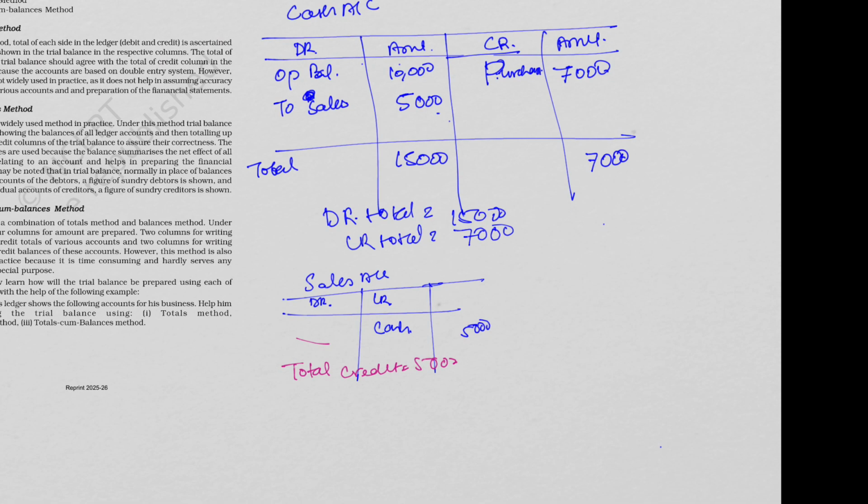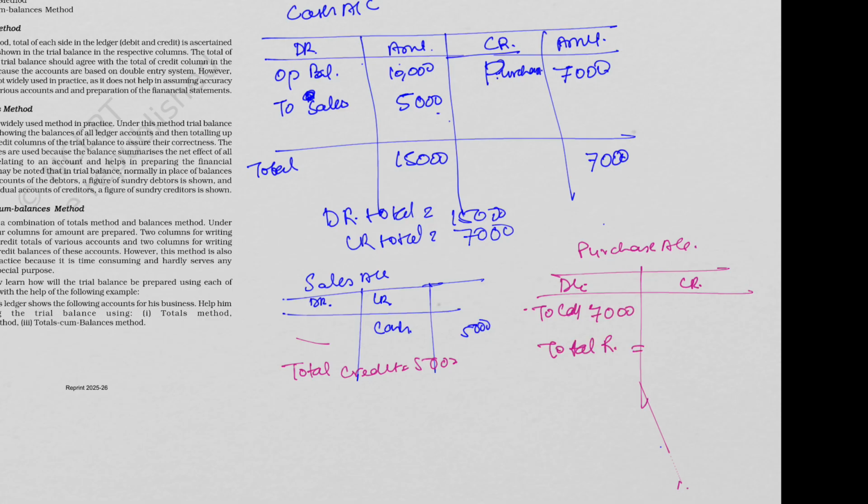Third, we'll prepare the purchases account. Since 7,000 purchases were made using cash, the entry would be purchases account debit to cash. So the purchases account would be debit, credit to cash 7,000. So here the total debit would be 7,000.